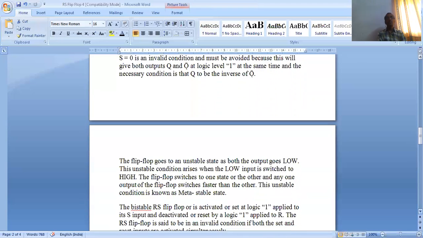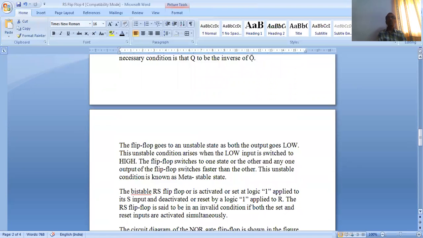The flip flop goes into an unstable state as both the outputs go low. This unstable condition arises when the low input is switched to high. The flip flop switches to one state or the other, and one output of the flip flop switches faster than the other. This unstable condition is known as the metastable state.